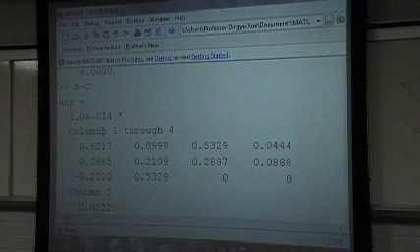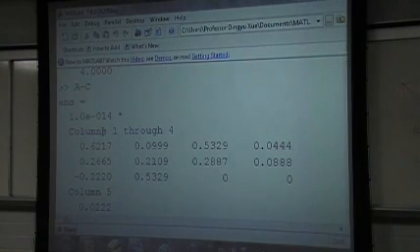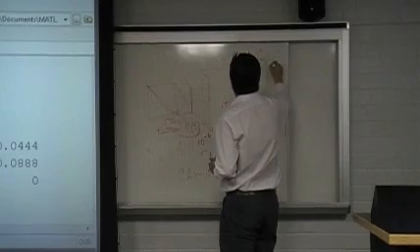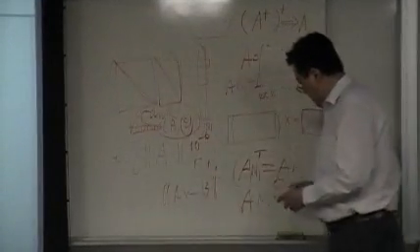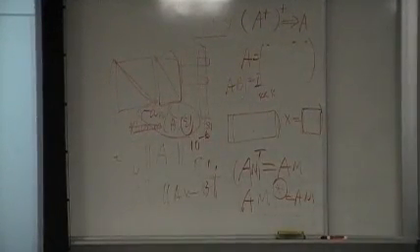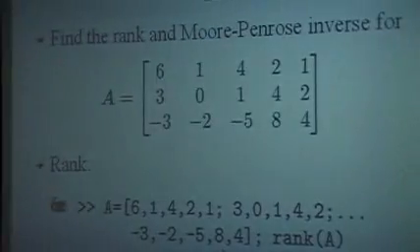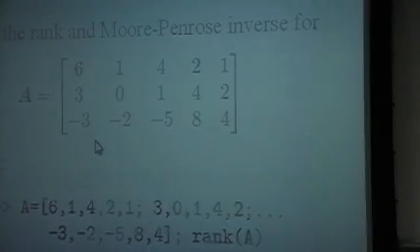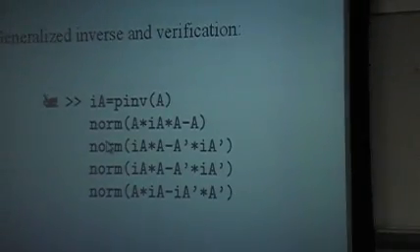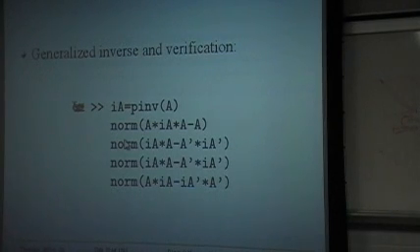This means that the pseudo-inverse of the pseudo-inverse of A is A. If we take another pseudo-inverse again, we will get A back. So this is the evaluation of the pseudo-inverse. And it should be noted that the PINV function can only be used for double precision matrices, not for symbolic matrices.